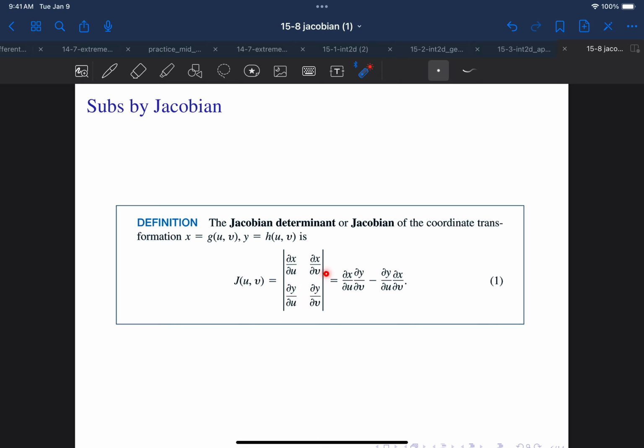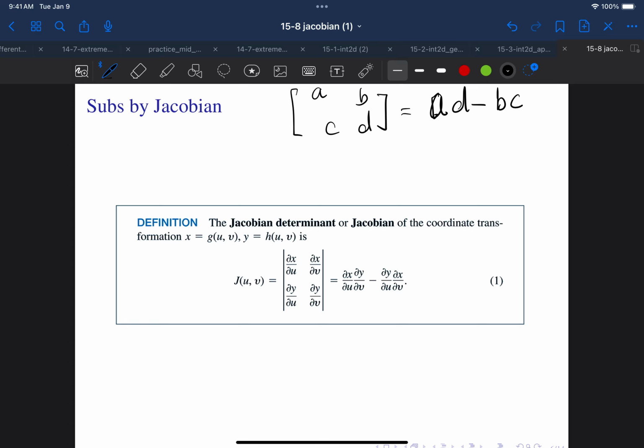These four expressions give a 2 by 2 matrix, and we take its determinant. For a 2 by 2 matrix, as we mentioned before, the determinant is ad minus bc. So here, the determinant is this multiplied minus this multiplied. This is called the Jacobian. And what is the use of this? We will use the Jacobian to do the substitution in double integrals.